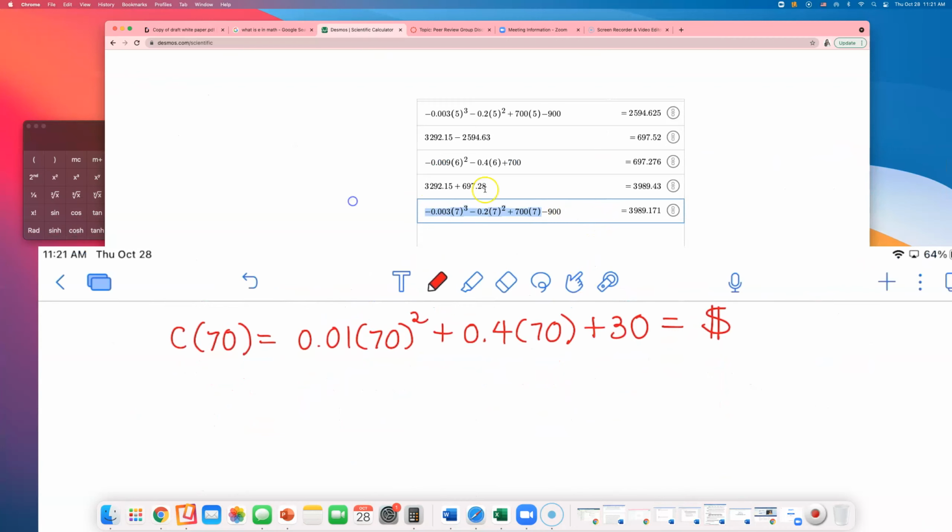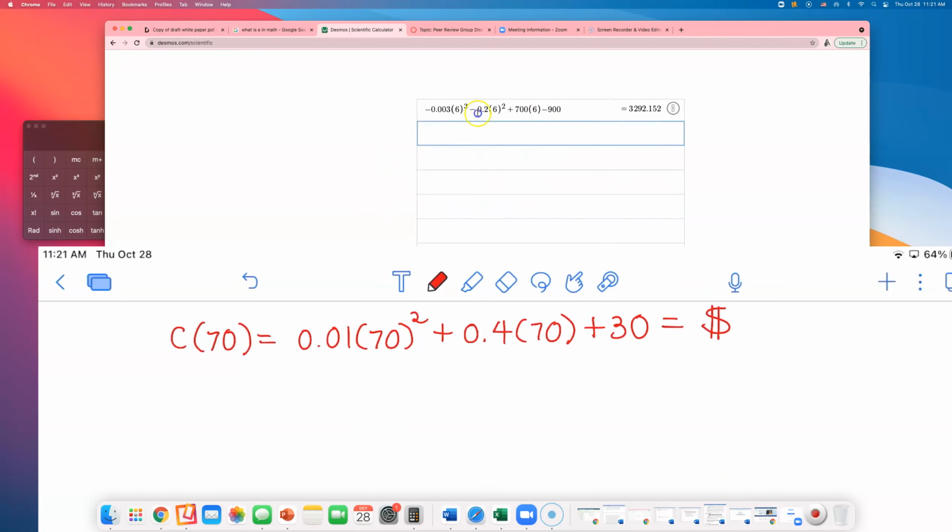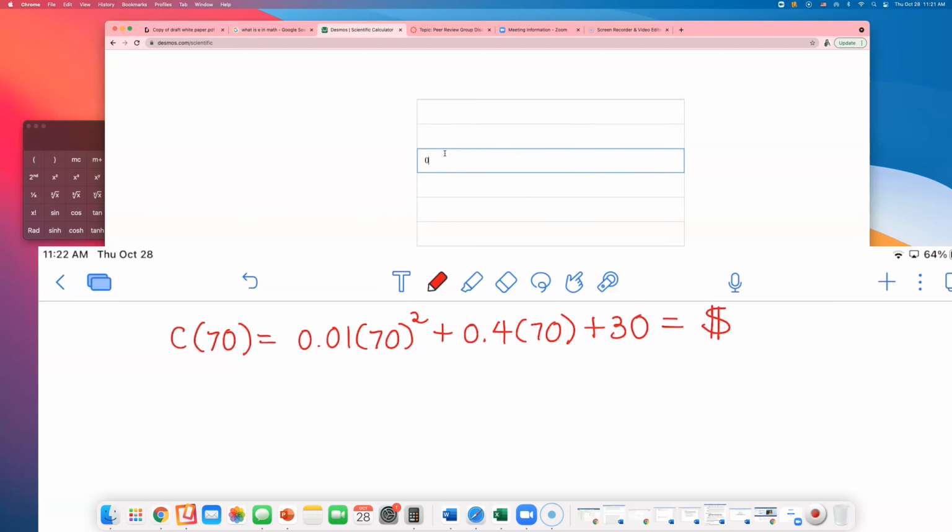So let me get rid of some of these things that I have up here. All right, so the first line will be 0.01 times 70 squared plus 0.4 times 70 plus 30. So if they make 70 units, the cost will be $107.